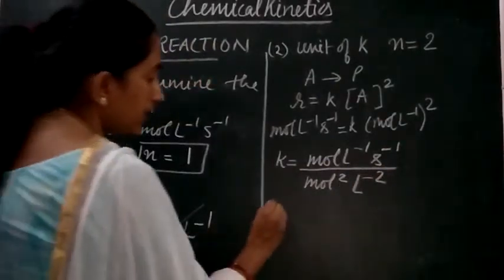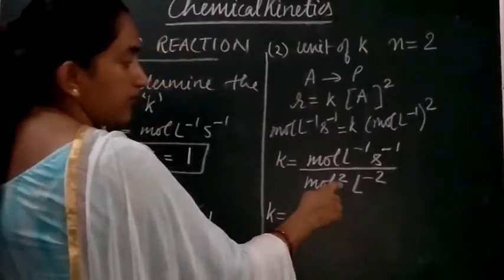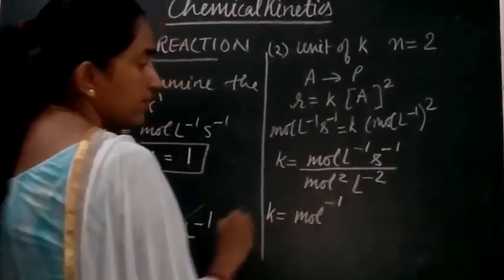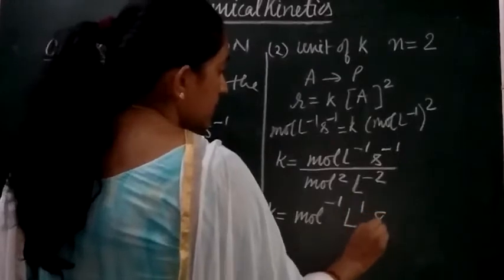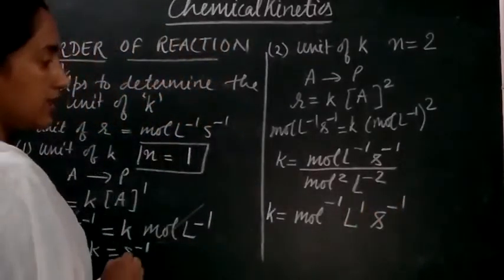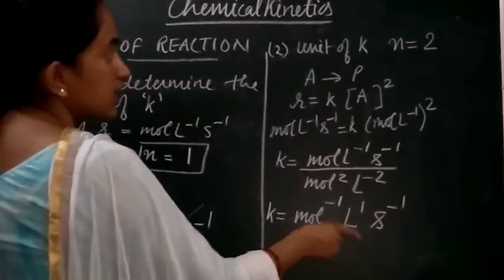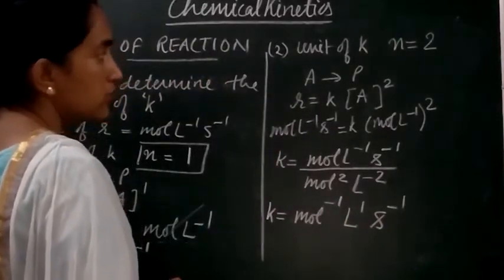So K equals mole, it will go up, it will become minus 1, liter 1, and second inverse. This is mole inverse liter second inverse. This is going to be the unit of K for n equals 2, right?